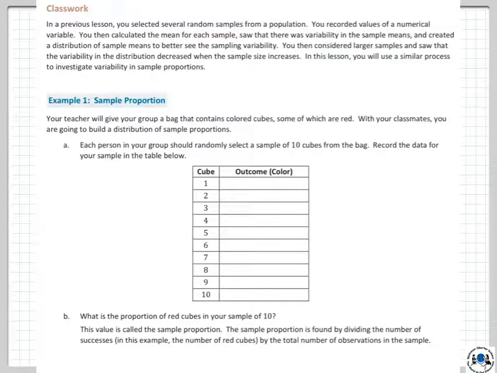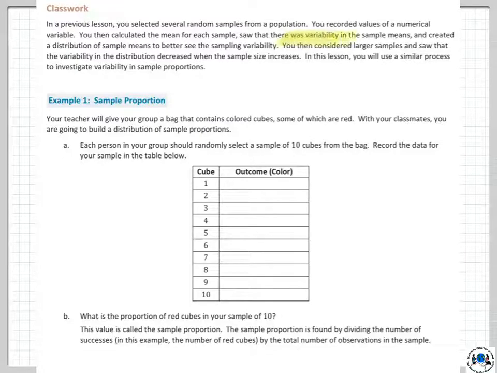In a previous lesson, we selected several random samples from a population. We did this quite a few times. Hopefully that is truly embedded in your memory. We recorded values of a numerical variable. We then collected the mean for each sample. We saw that there was variability in sample means.